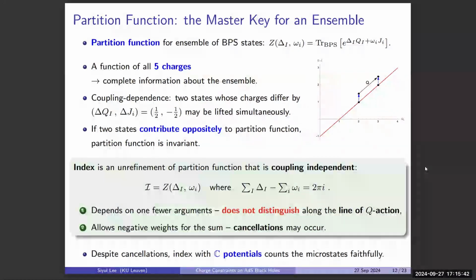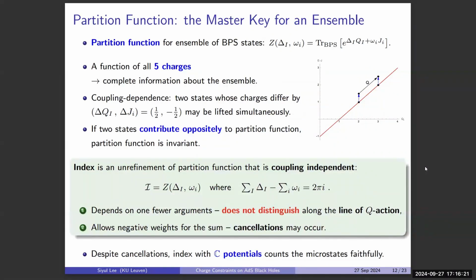I thought you are taking the trace over the BPS states only. Yeah, that's what I'm doing, but even if I am not, the same thing works. Even if I was not summing over only BPS states, these two states, even if they are here and here or here and here, whether they are BPS or non-BPS, they contribute opposite weights to the partition function if you impose the condition for the index. So in that case, they have no net contribution either way. So it is still coupling independent.